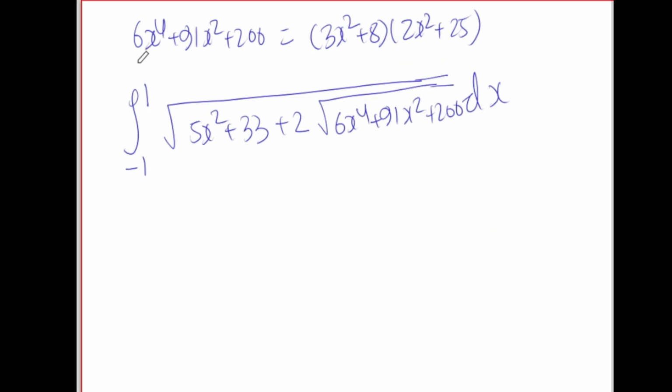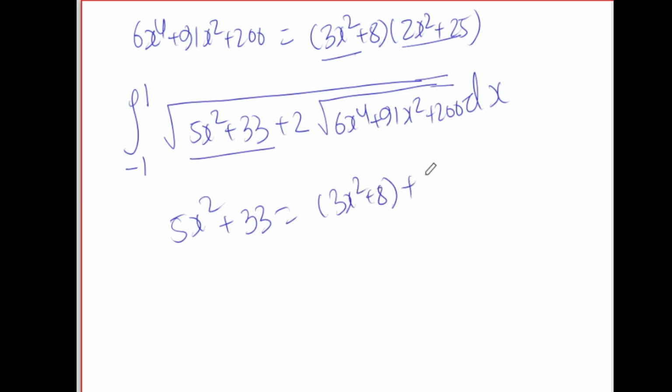Okay, and if you look at this 5x square plus 33, this is basically the sum of these two factors, right? So I can write 5x square plus 33 as 3x square plus 8 plus 2x square plus 25, right?